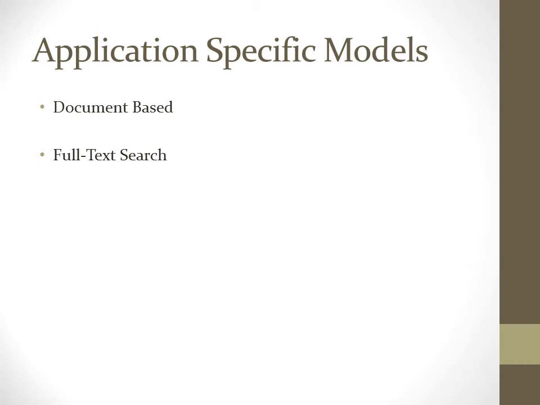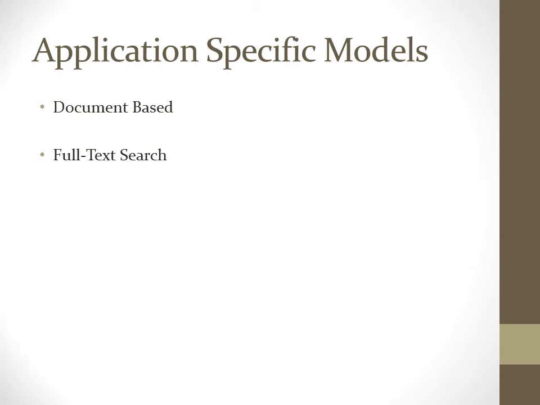We can see this in search engines, which scrub the internet and go from web page to web page and store that web page in a network type model, where the top entity is a domain and the child entities are each document or each web page stored within that domain.